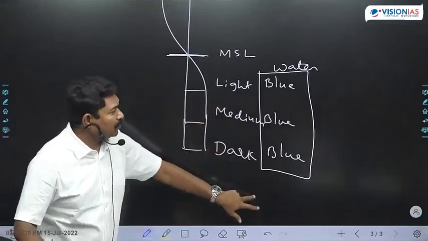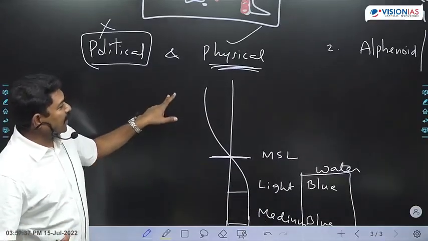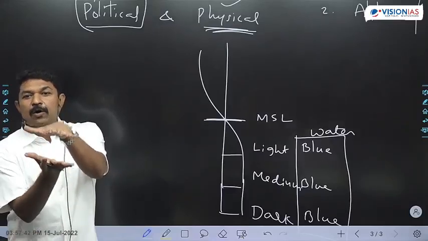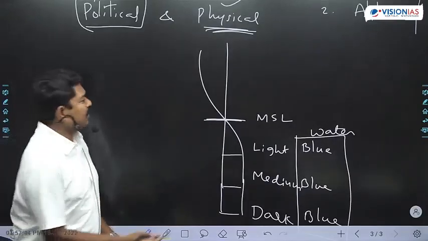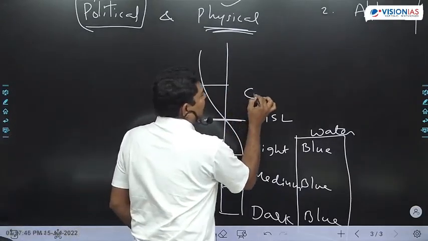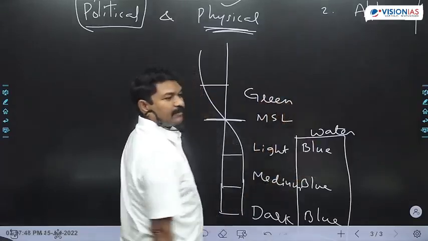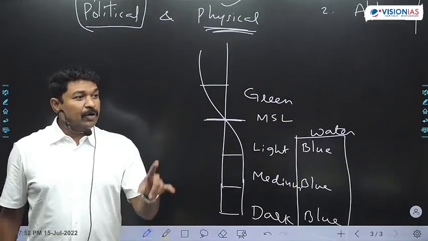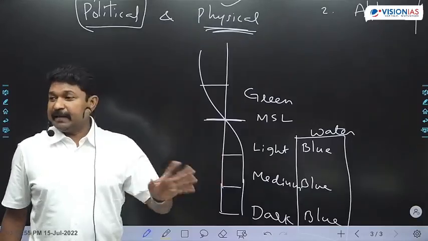Now let us talk about the areas above the mean sea level. Those areas which are very close to the mean sea level were given the dark green color. The areas close to the mean sea level. Don't think that green is called the plain areas. Not the plain.